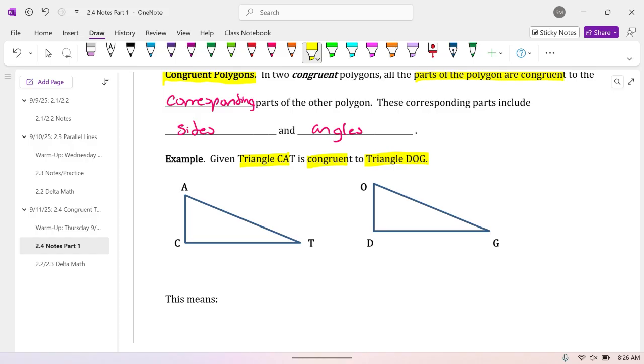Someone tell me one set of sides that have to be congruent if these two triangles are congruent. CA and DO. All right. So these two would be congruent.